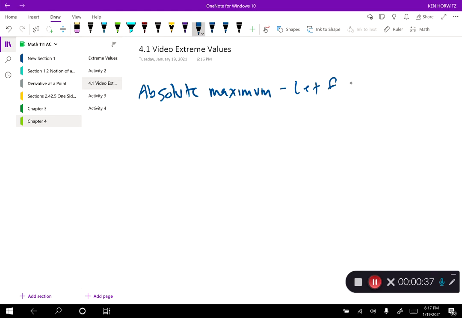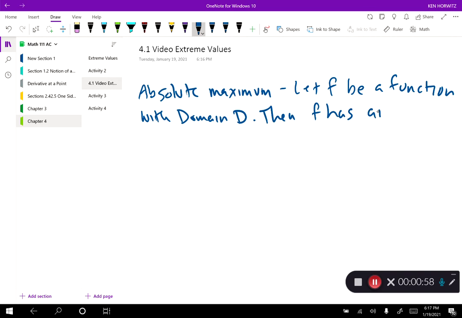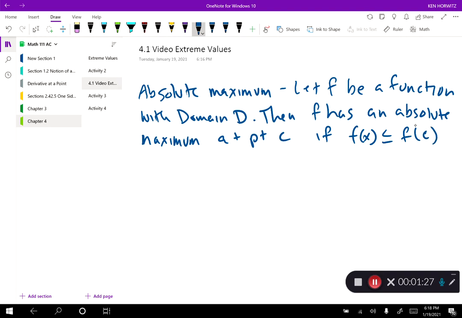Let f be a function with domain D, then f has an absolute maximum, excuse me, at point C if all the other points, all the other y values, are less than or equal to the y value at C.